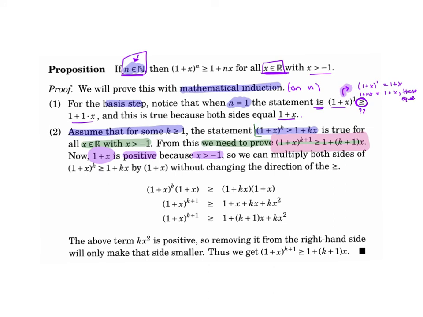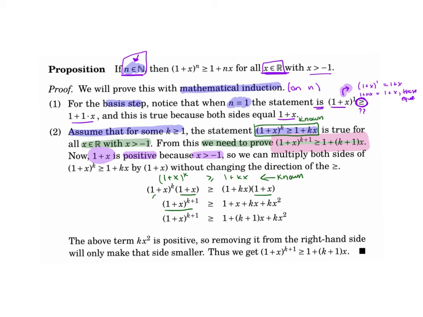So I'll put that in green because it's known. They're not starting with their unknown statement. You can't start with unknown statements. And now they're multiplying both sides by 1 plus x because that's a positive quantity. They said you could do that.